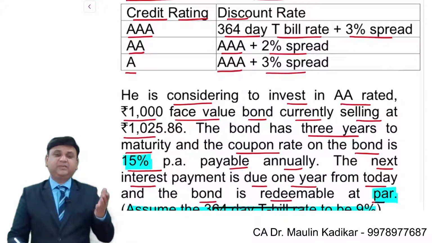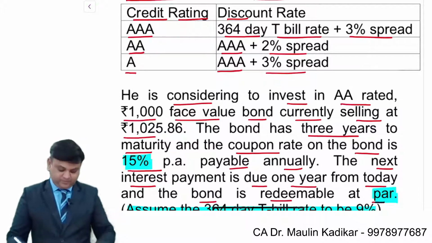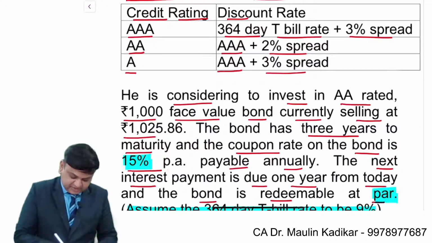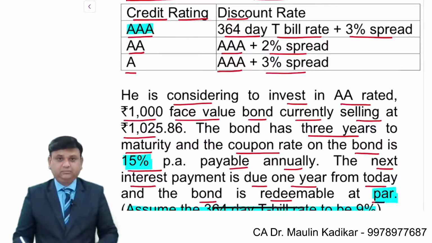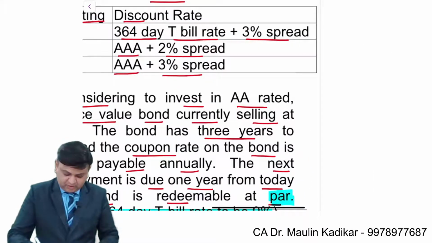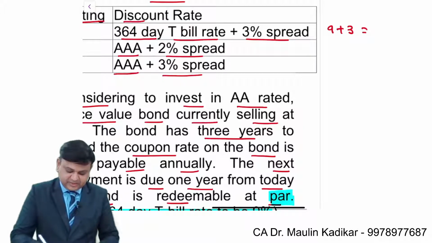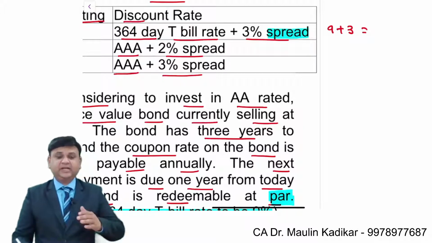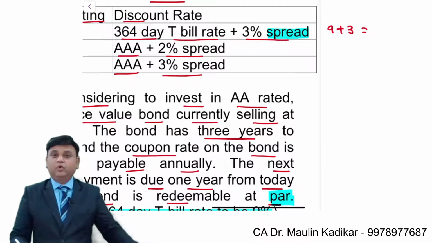The investor has made an analysis, and as per the investor's point of view, AAA rated security has a required rate of return of 9 plus 3. 3% spread means the 3% additional return required over the risk-free rate of return.